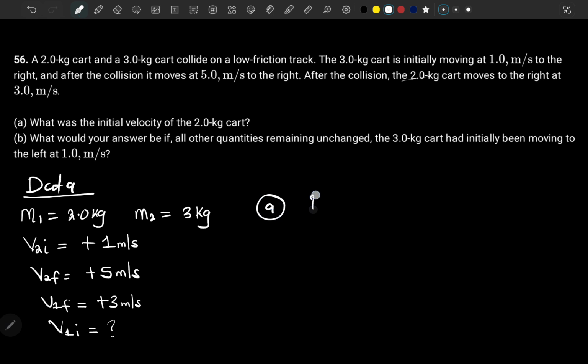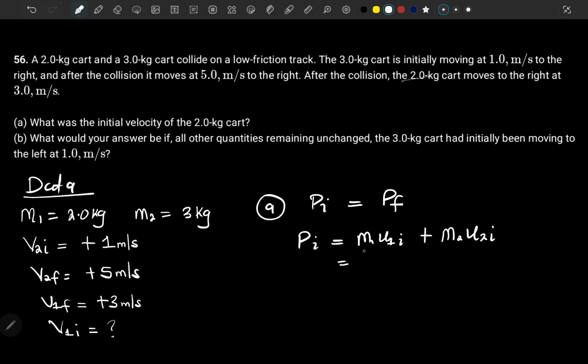So we understand that the initial momentum should be equal to the final momentum. The initial momentum in our case is m1 multiplied by u1I plus m2 multiplied by u2I.